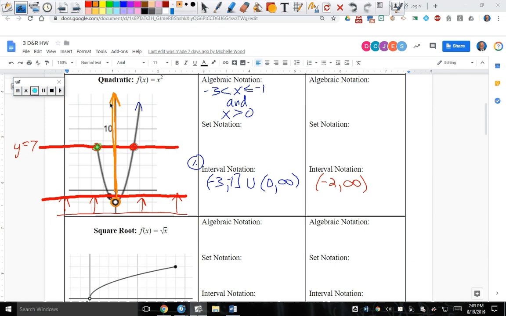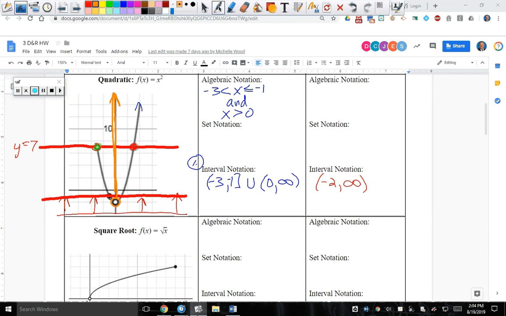Continuous means that you could draw something without lifting up your pencil. Could you draw this graph without lifting up your pencil? No, so it's not continuous. But what you're saying is, this is where I would want you to reword it: the range exists from -2 to infinity. Don't think of that as continuous or discontinuous. Another thing that people try to do is overlap continuous with all real numbers. It doesn't mean the same thing. So just keep that in mind.